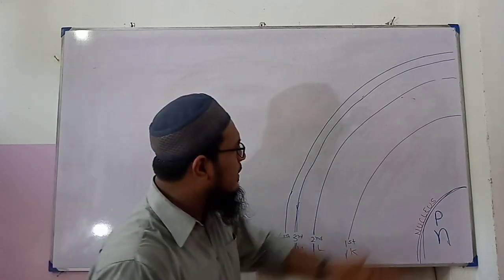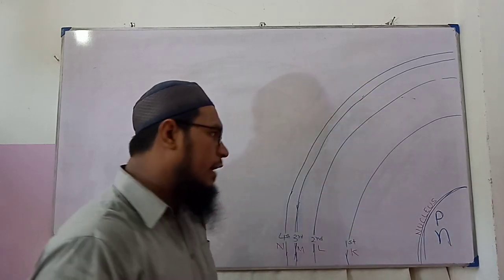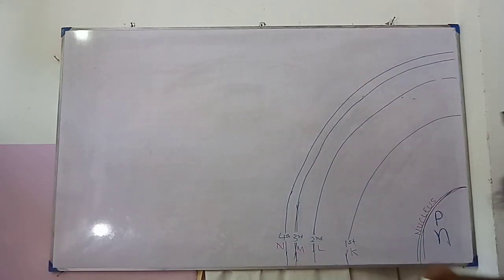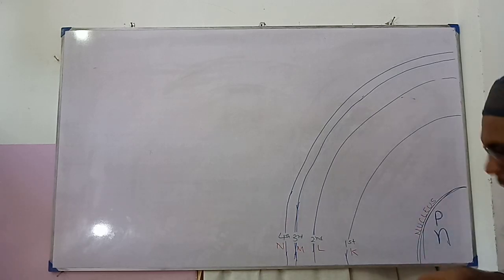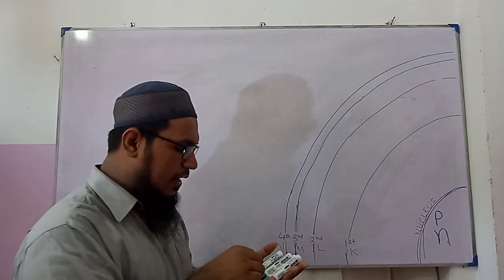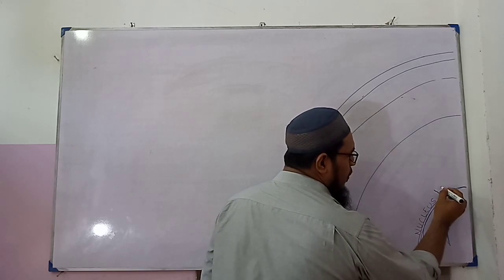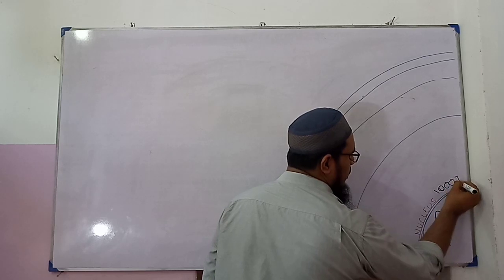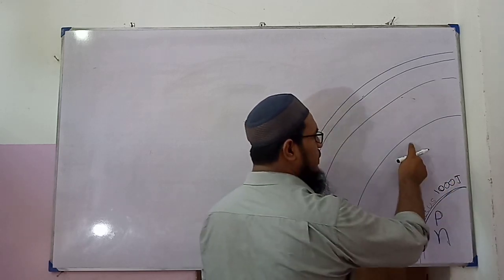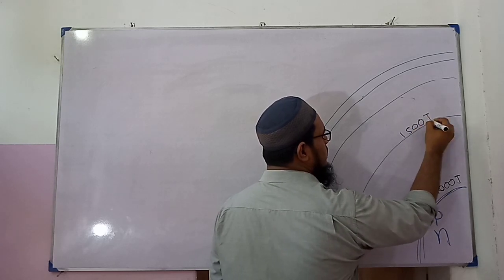Now you can see the gaps. Why have I drawn the gaps like this? It is because of the energy of the energy levels. For example, these are not true values, but for you to understand, I am just showing it. If I say the energy of the nucleus is 1000 joules, the energy of the first energy level will be around 1500 joules.